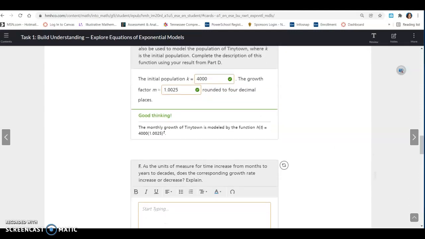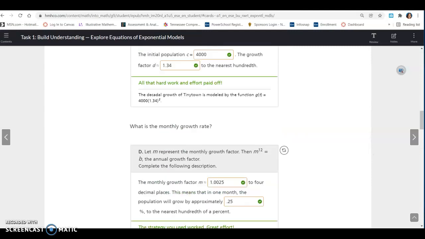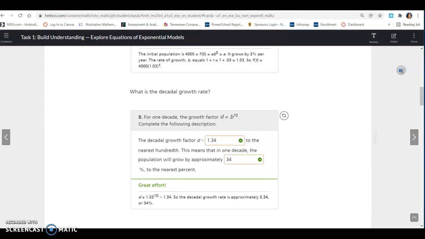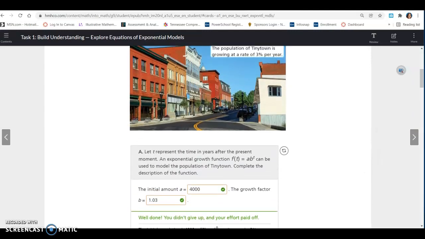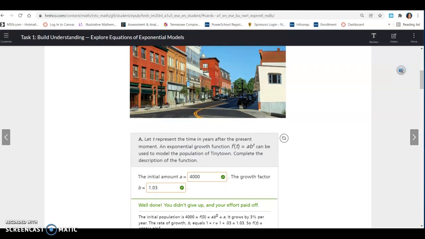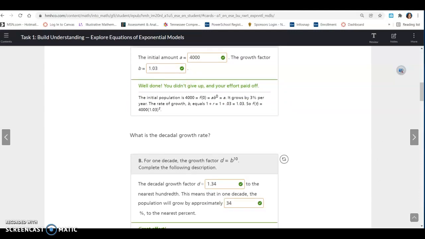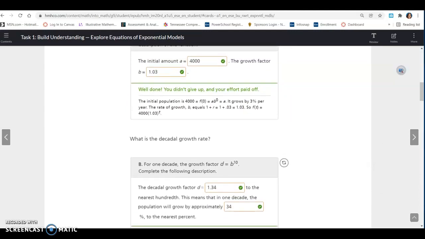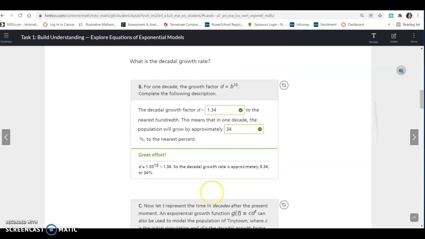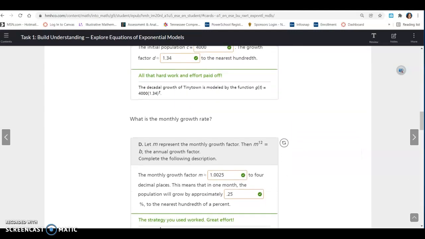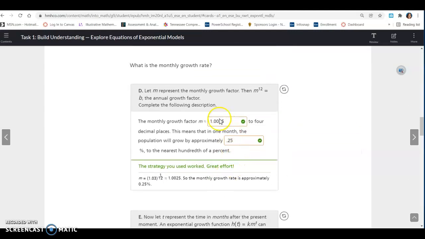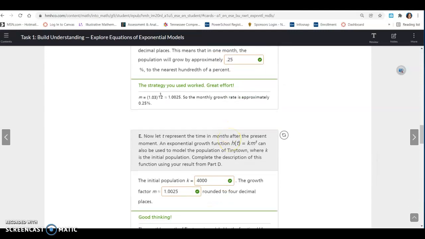All right, so what does this tell you? This tells you that you can do different increments of time. So we looked at time in years, we looked at a decade, and we also looked at it per month. And you can see that as it goes for a decade, a longer period of time, this growth factor is getting larger. Okay, when you look at a smaller increment of time, when we're looking at monthly, the growth rate is much smaller.